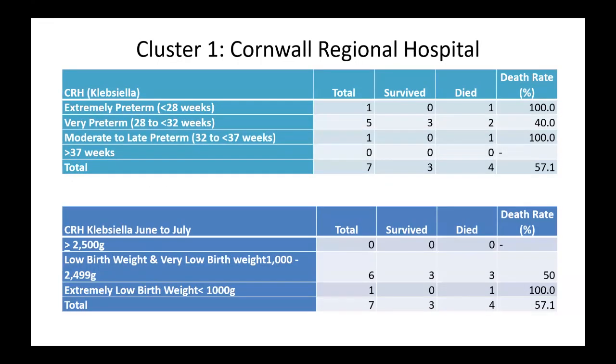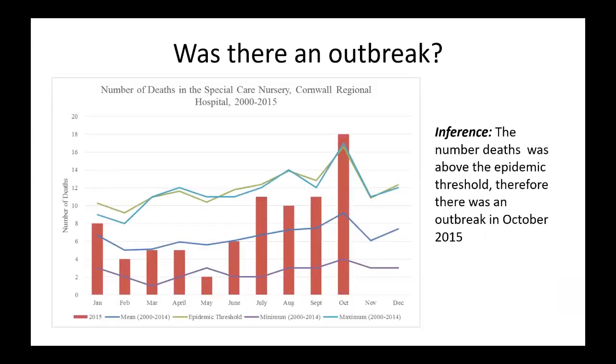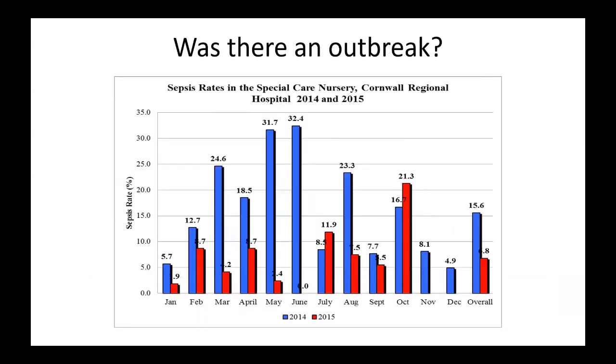So there was another cluster at Cornwall. And when we looked at that, year on, so 2014, nobody was crying. In 2015, was there outbreaks in certain months?